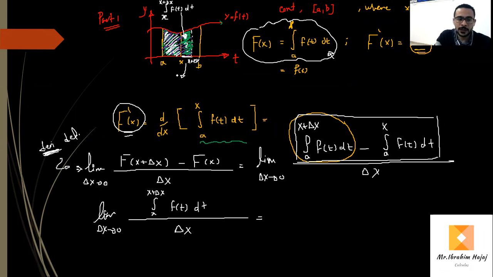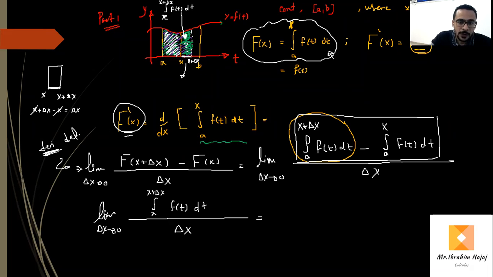Let's take the rectangle out here. It's between x and x plus delta x. So what's the width now? It will be x plus delta x minus x, which is delta x, because we cancel x with x. So your width or base is delta x.